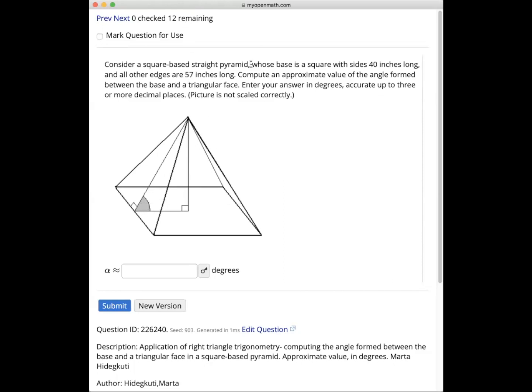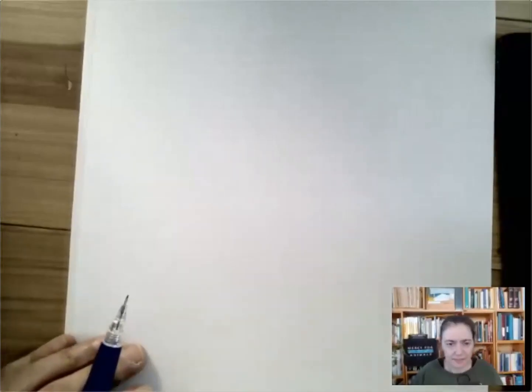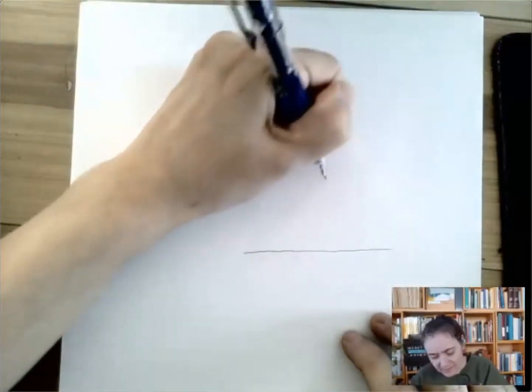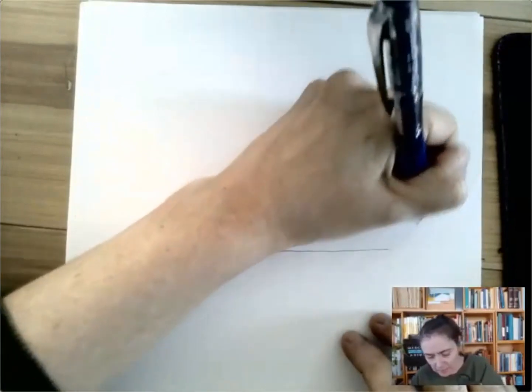Given the base is a square with sides 40 inches long, and these other edges are 57 inches long. Okay. So when the problem is three-dimensional, then pictures are more difficult, but they're still worth it. Practice this perspective drawing.